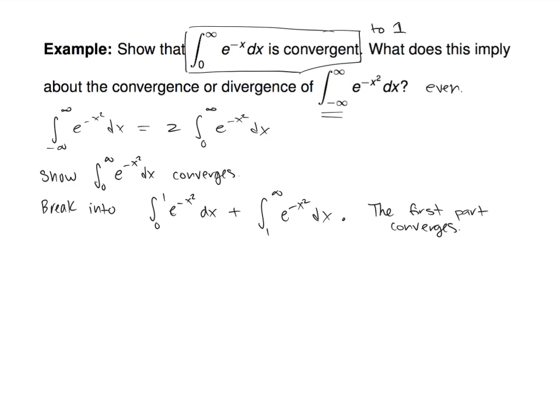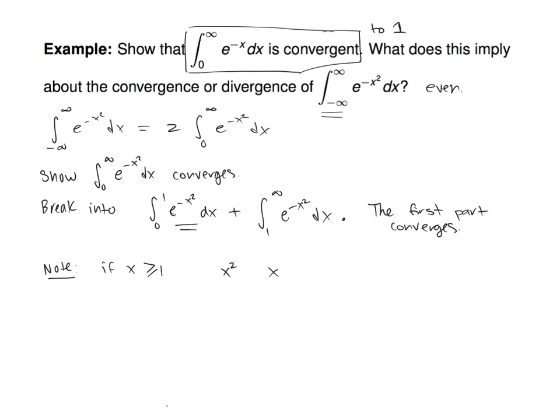Do you agree the first part converges? As in, this thing is just a number. It's a function, it's never infinite in the interval, right? It's just an area under some curve, some number. Okay, for the second part, note that if x is bigger than or equal to 1, how is x squared related to x?